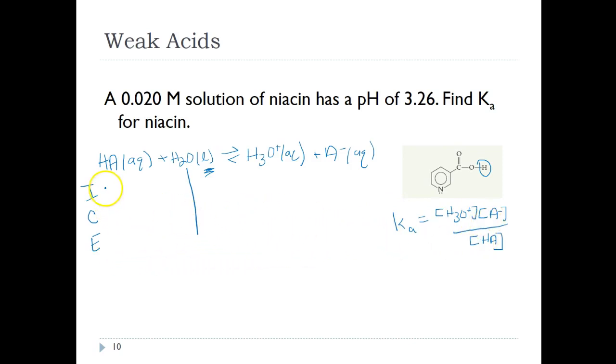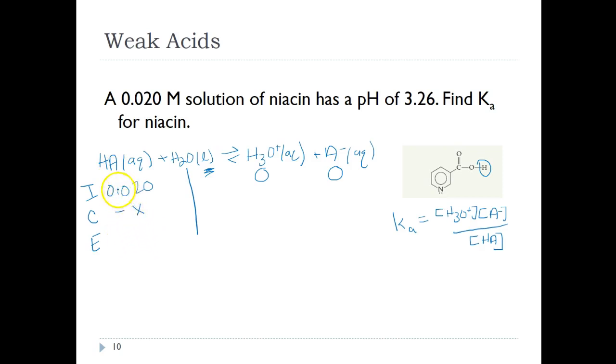So I'm going to start out with the initial information. The only initial information I was given was that niacin starts out 0.020. We weren't told about hydronium or its conjugate base, so their initial concentrations must be 0. They were not mentioned. In terms of the change, what we know is going to happen is some of this HA is going to dissociate. So the change is going to be negative for the HA. We're going to lose some.